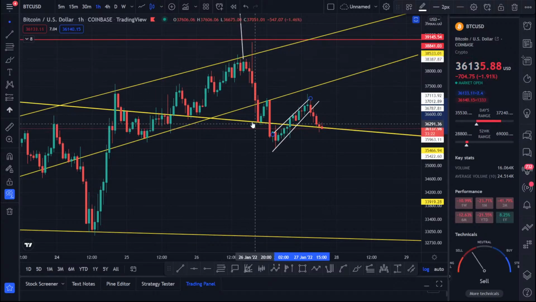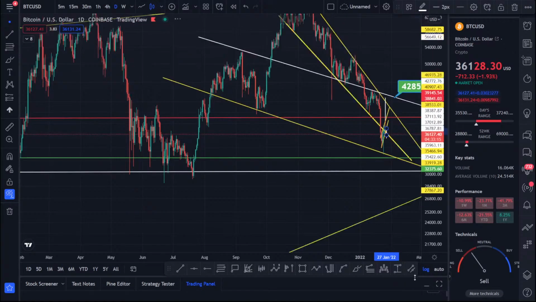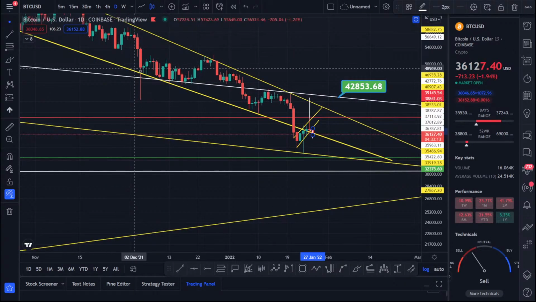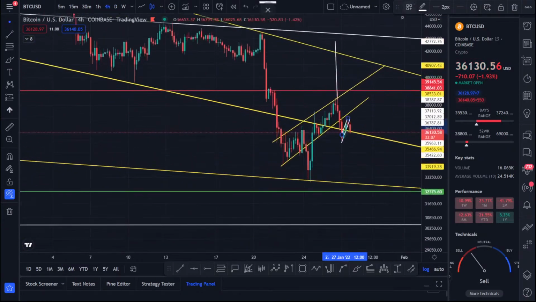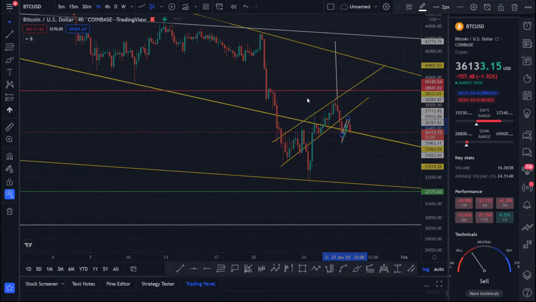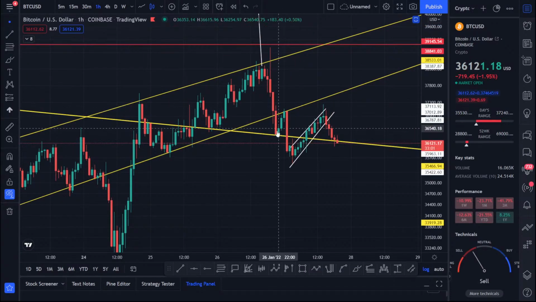So it came down, found some support at this level, which is this level over here. You can see it a little bit better in the daily time frame. There's support over here for this long-term channel, this downtrend. But I would have liked Bitcoin to be over this line because this was really bullish.